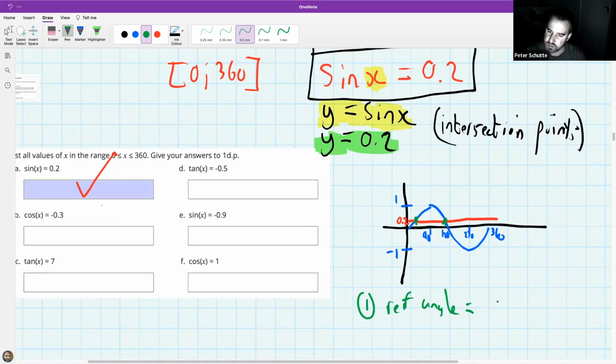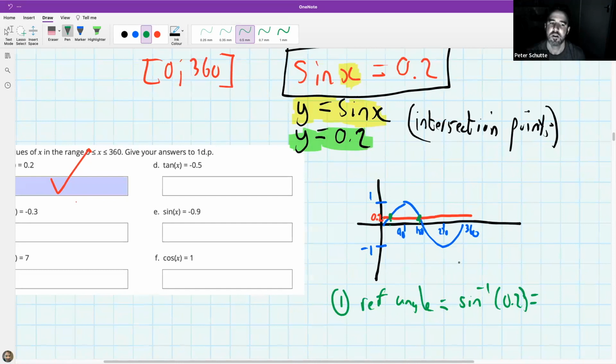So I go in my calculator, I go shift sine, sine to the power of -1 of 0.2. And what value am I going to get? We call that the reference angle. What you should get for that reference angle is 11.54 degrees. Give me a thumbs up if you get that for your reference angle.